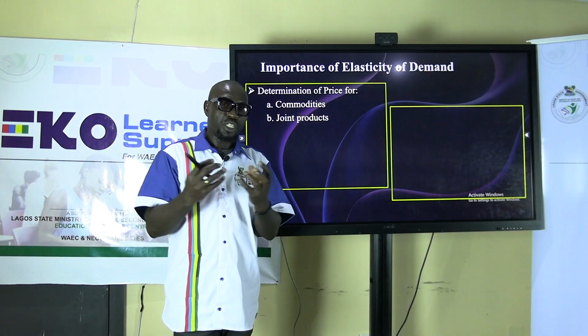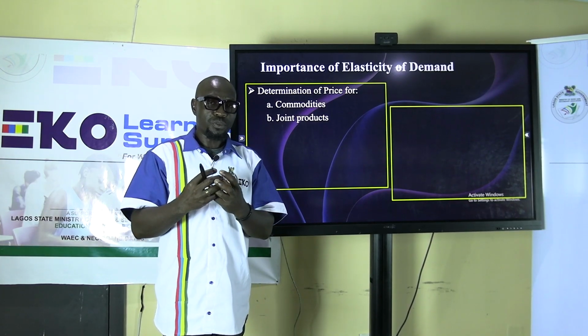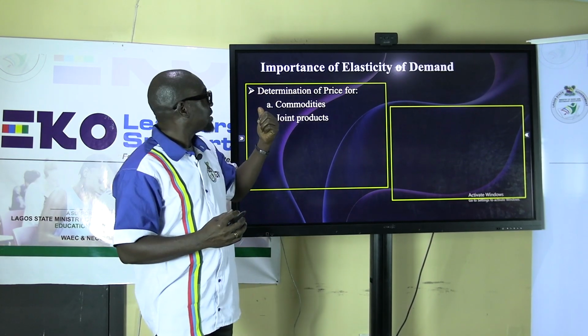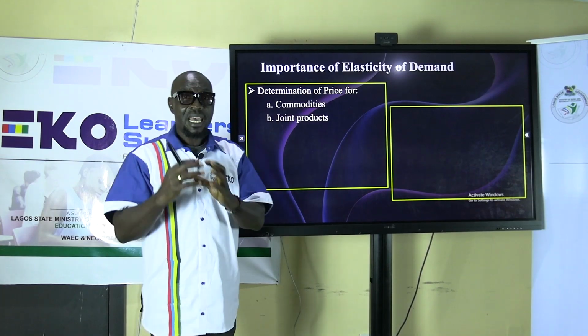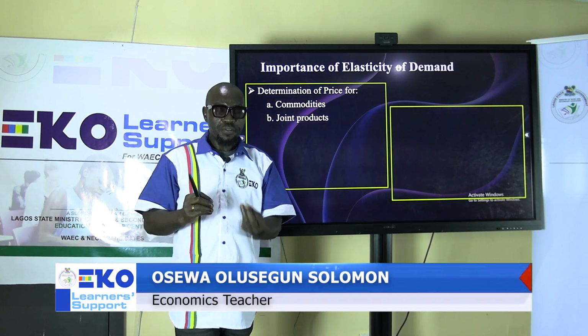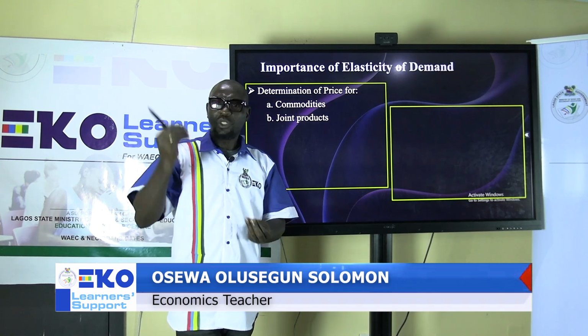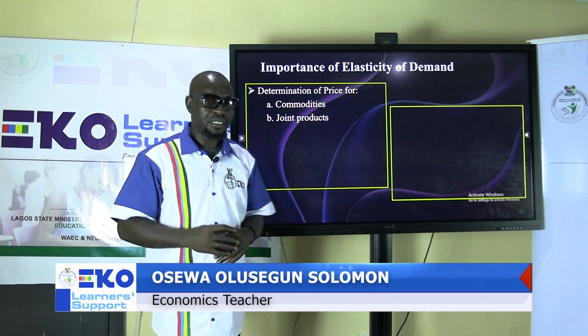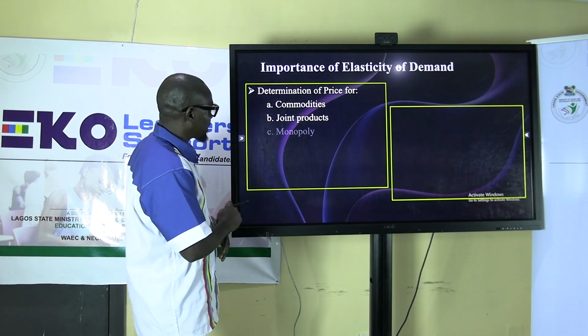So this must be jointly used. For jointly used products like that, the elasticity of demand helps to determine the price of the commodity. You know that if the price of one goes up, the price of the other can equally go up. It will not affect demand, depending on the elasticity.